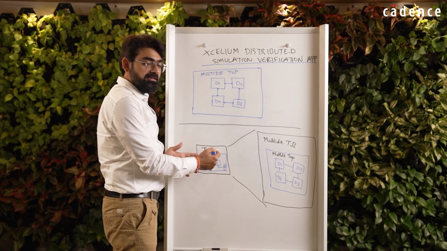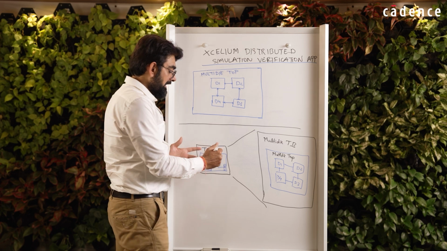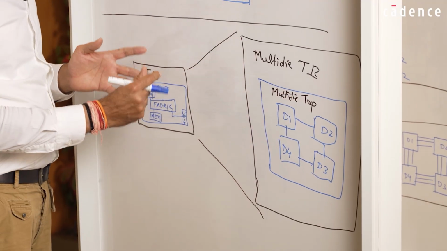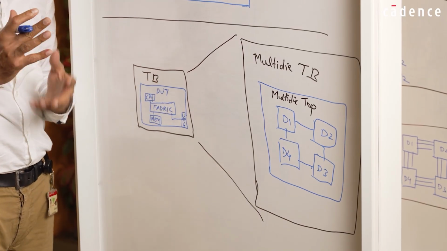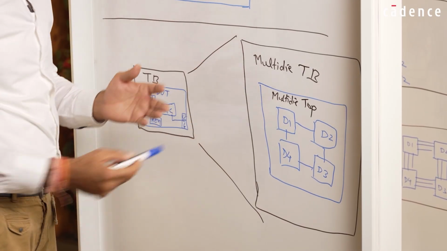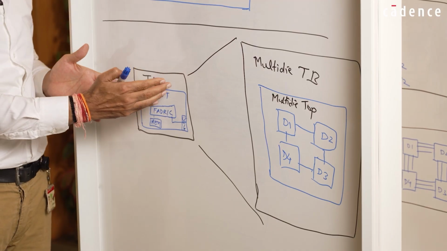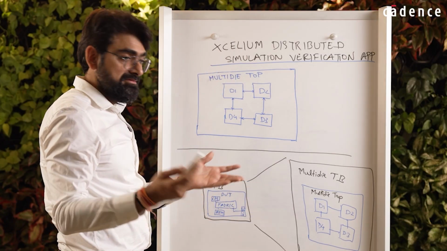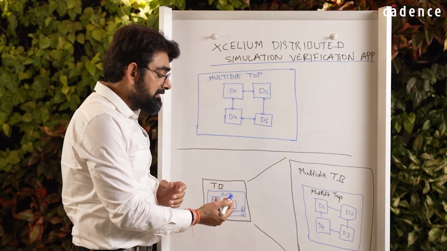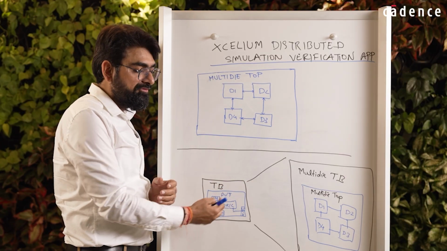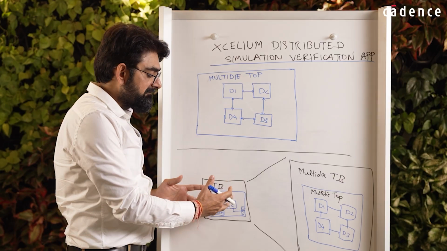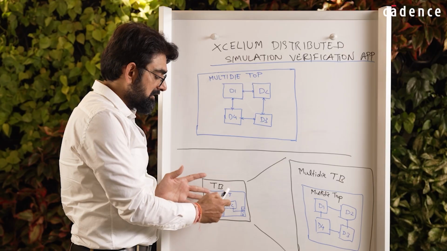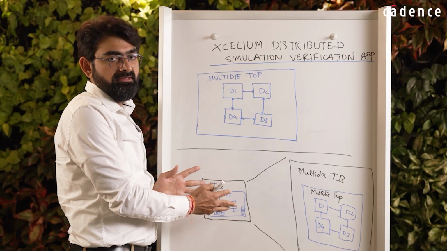When a test bench engineer has to think of verifying the multi-die, you do not just have to think of test cases and scenarios, you have to first build a test bench. So you have to extend the single die test bench onto a multi-die. Imagine a UVM test bench, which is very prevalent these days. For a UVM test bench, you will have n number of BFMs or agents placed at various levels of hierarchy, on various interfaces in the design, to drive the traffic.